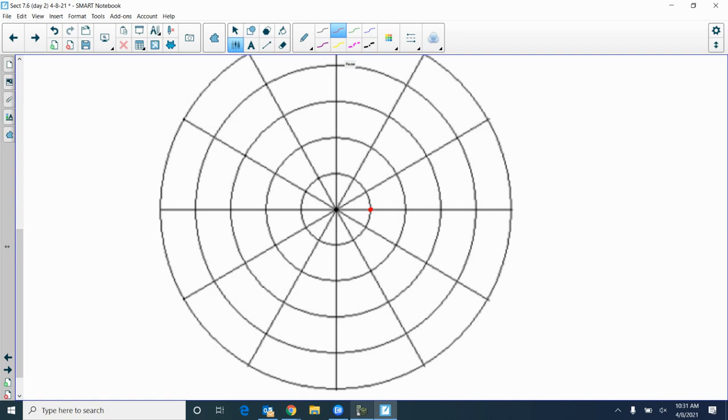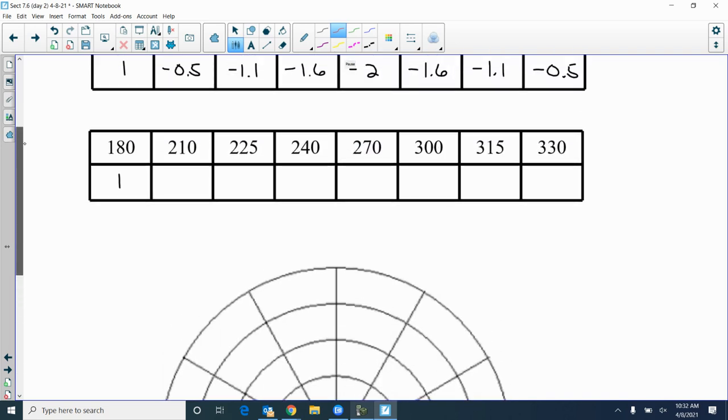Now, where is 30 degrees, negative 1/2? So you go to 30 degrees, you go through the origin, and then it's going to be on the other side. And then 45. What's happening at 45? What was that one? Negative 1.1?